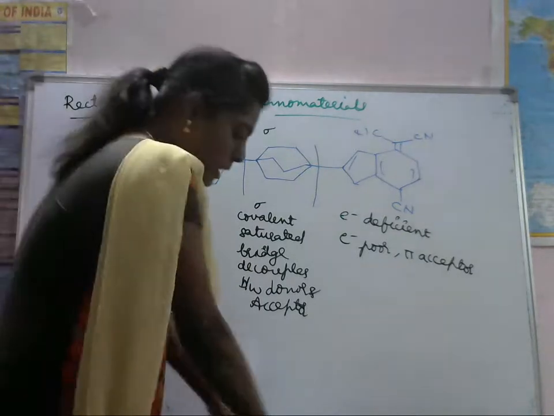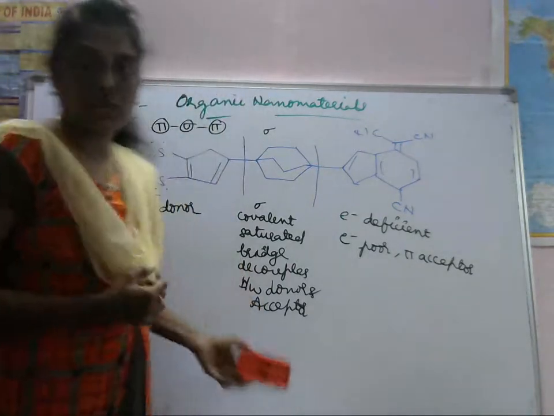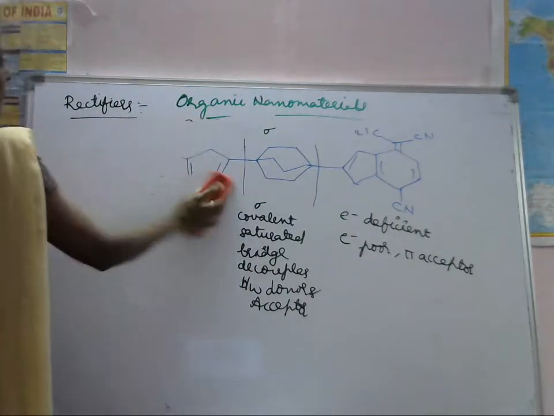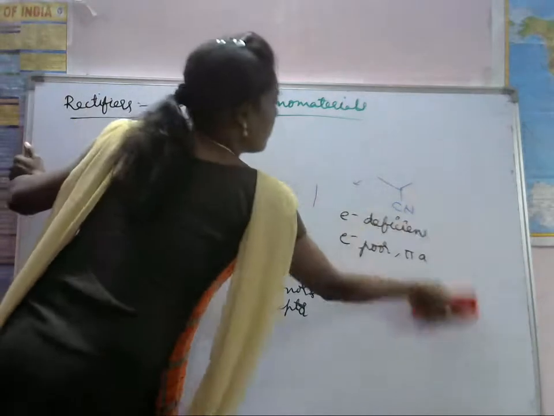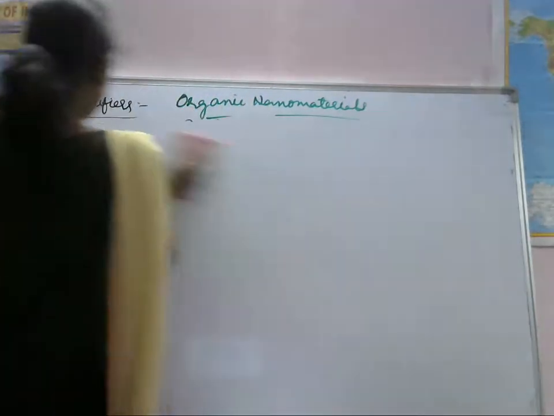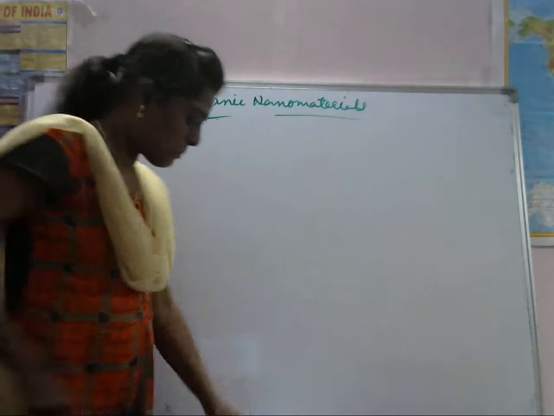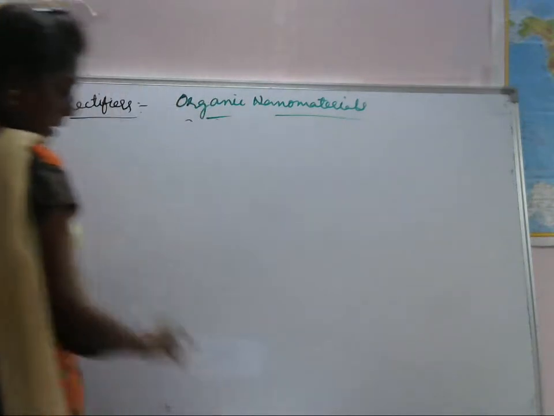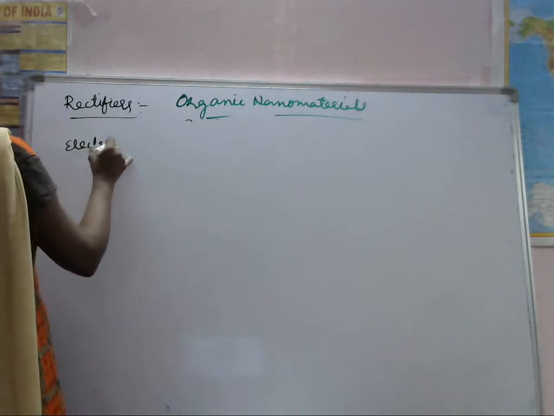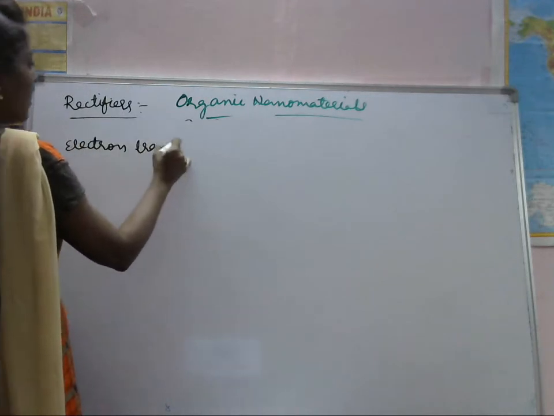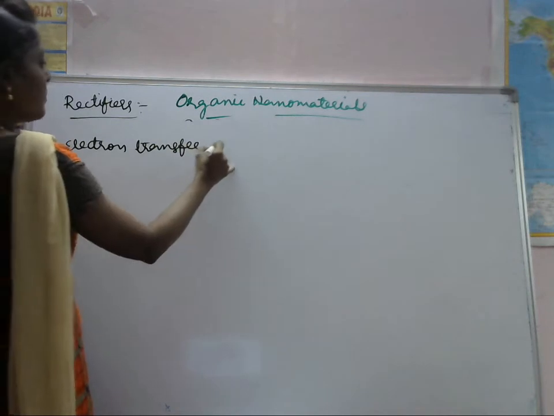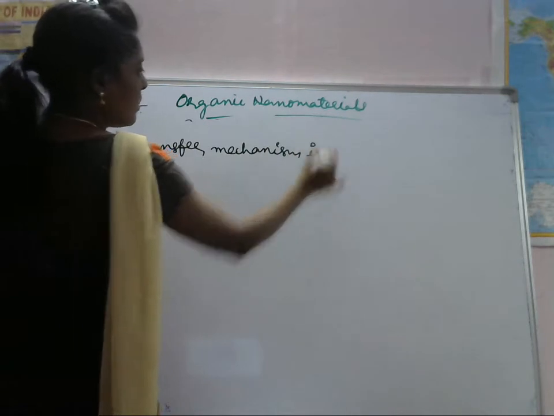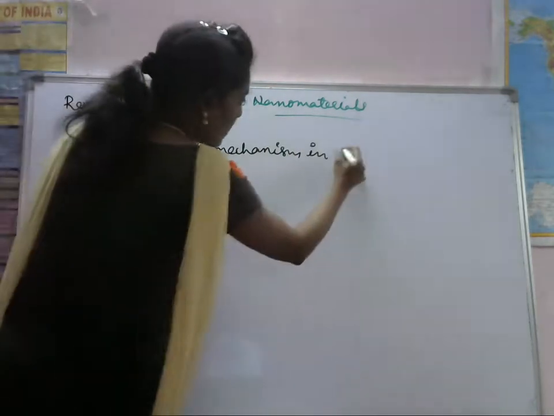How will the electron transfer take place in this one? Let's see. Electron transfer mechanism in rectifier cation.